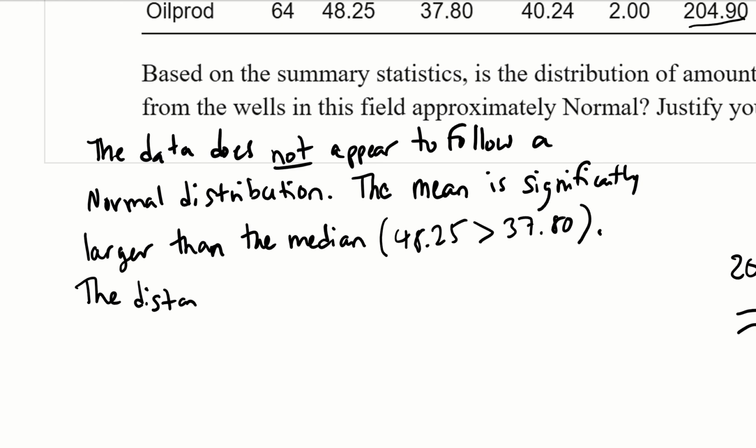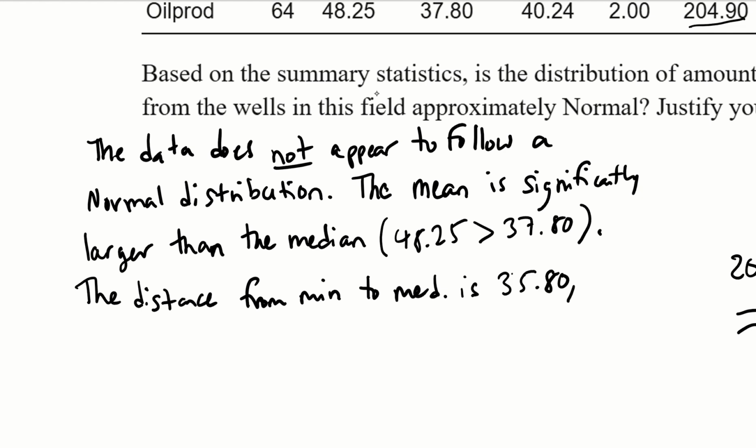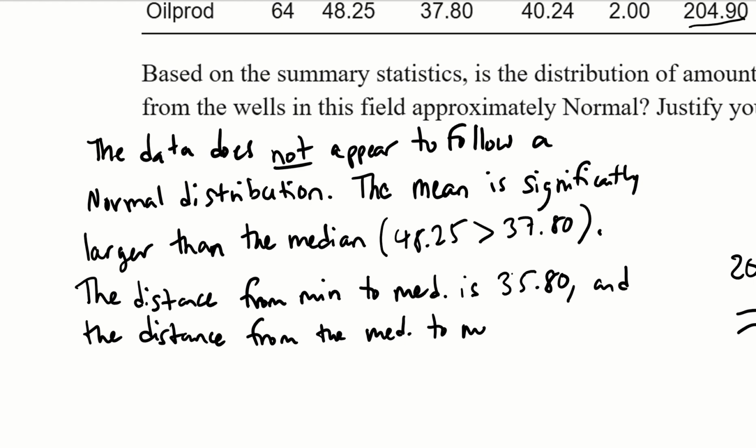Also, the distance from the minimum to the median is 35.80, and the distance from the median to the max is 167.10.